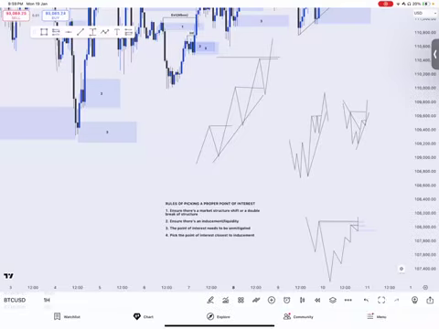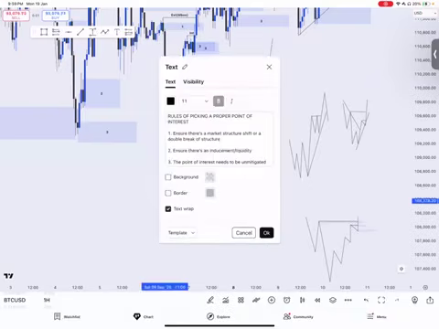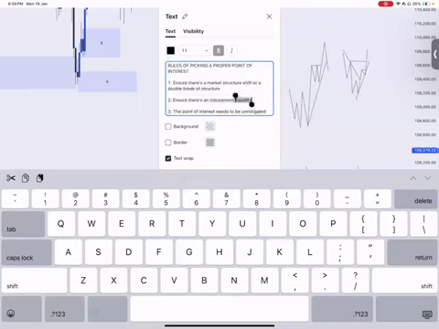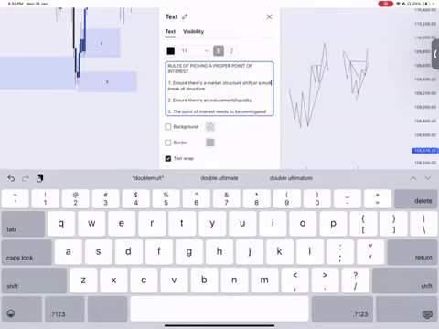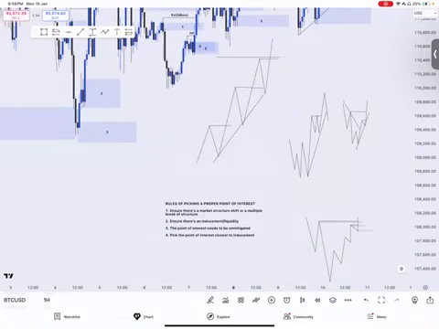So first of all, we said ensure there is a market structure shift or a multiple breakout structure, because it can be double, it can be triple as well. So the first rule says ensure there is a market structure shift or a multiple breakout structure.